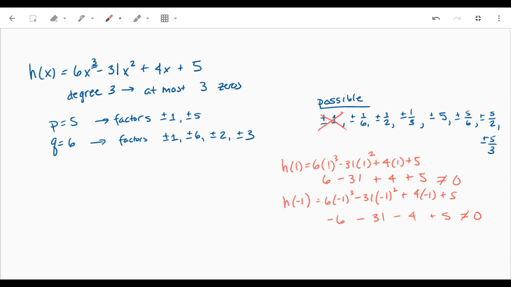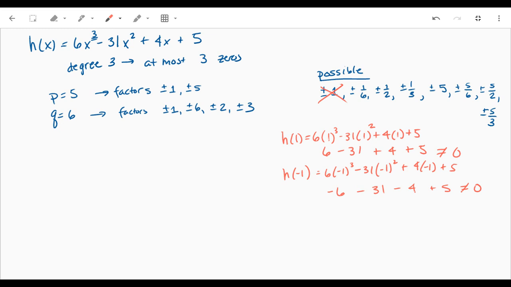Now I'm going to move on to 5. It's easier, and I know actually it's going to work because I'm looking at the answer. So 6 times 5 cubed minus 31 times 5 squared plus 4 times 5 plus 5.